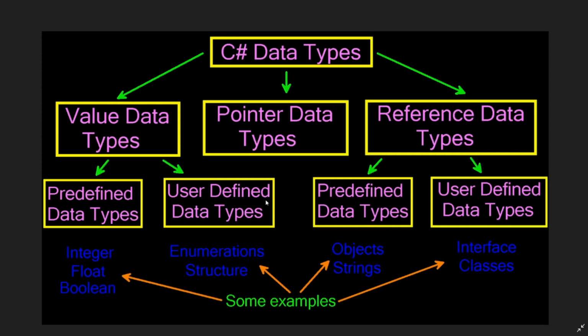About the other types, let's say the objects, enumerations, structures, interfaces, and classes, again, you will learn them with time. For now, we will be talking about the predefined data types as part of the value data types and the string, as I said a while ago.